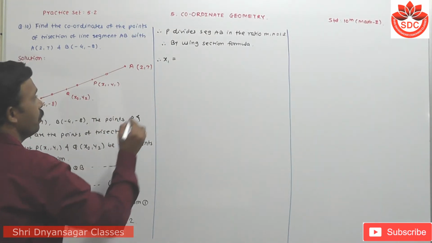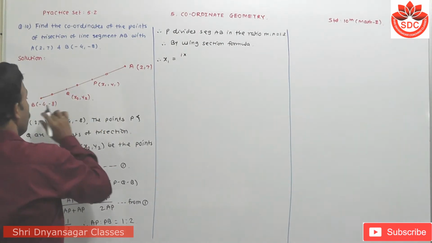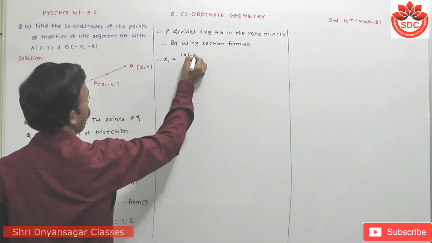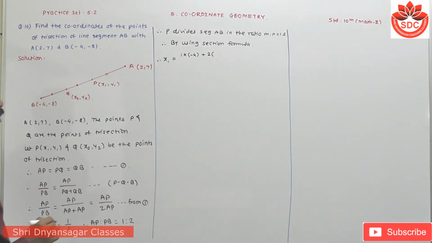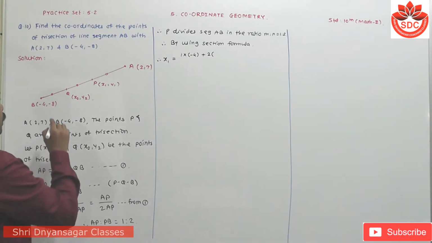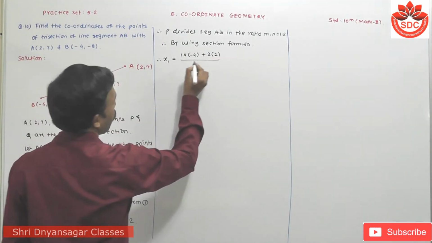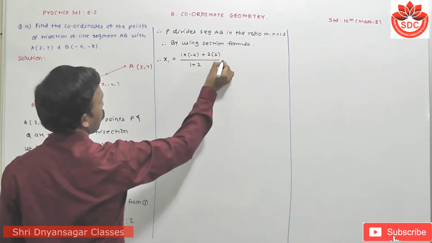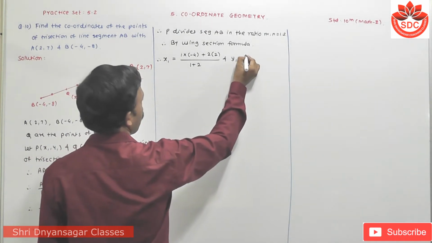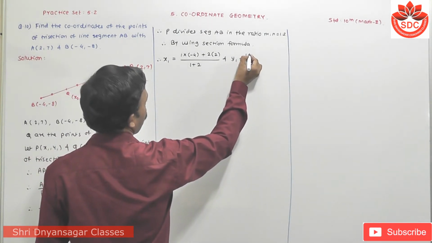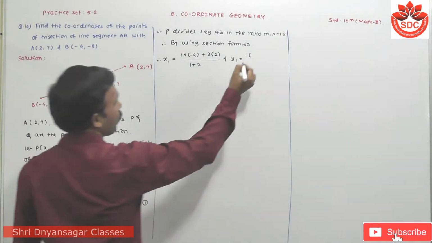So that m is 1 into x2 is -4 plus n is 2 into x1 is 2, upon m plus n, that is 1 plus 2, and y1 is equal to m is 1 into y2 is -8.